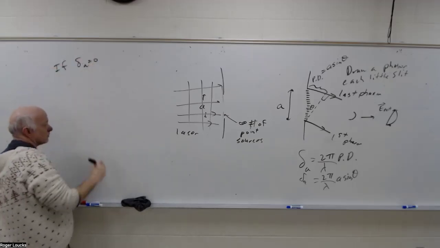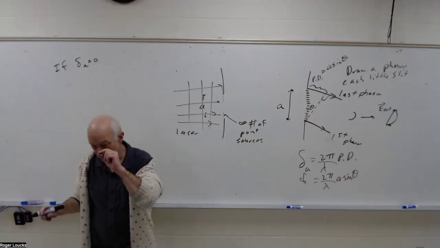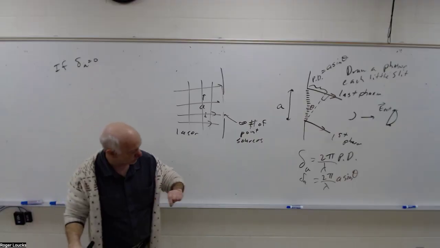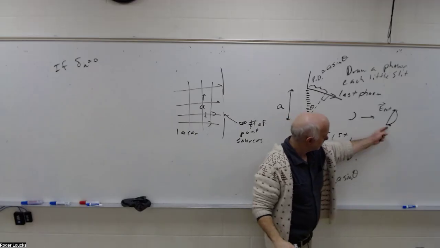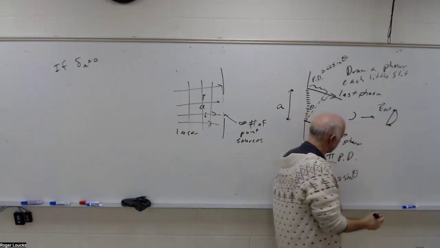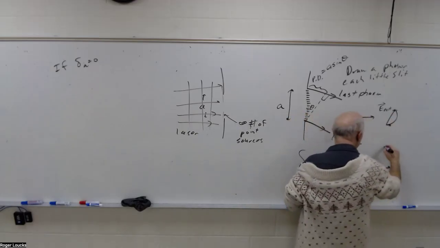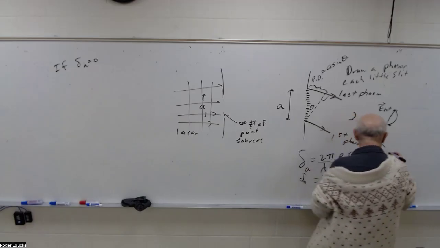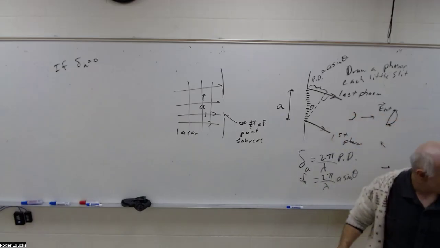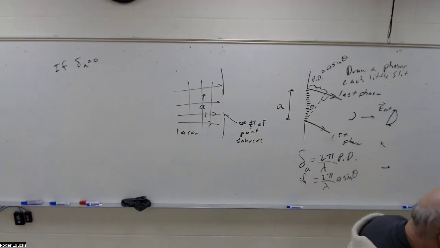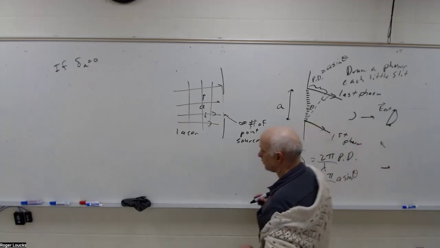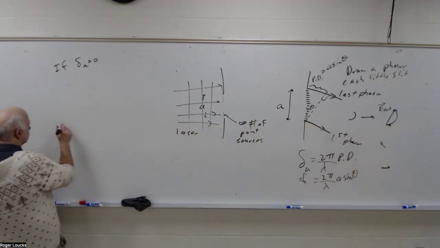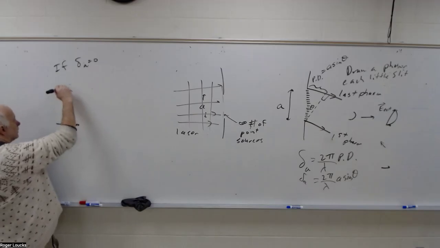delta A equals 0, again, the delta A is your phase angle between your first phasor and your last phasor. So if I look at the phase angle between my first phasor and my last phasor, here's my first, and here's my last. Here's my first phasor, and here's my last phasor up here.